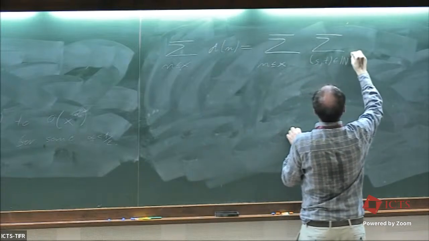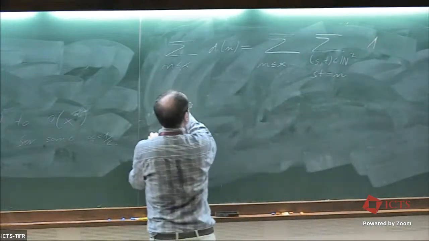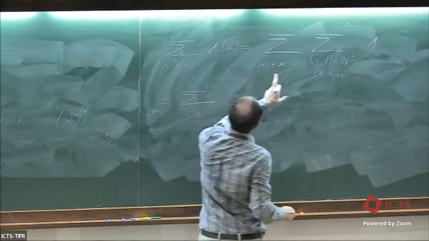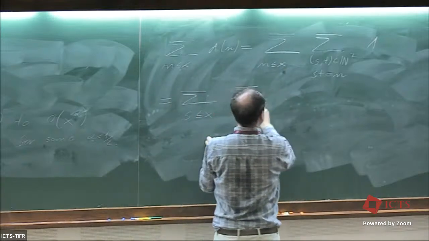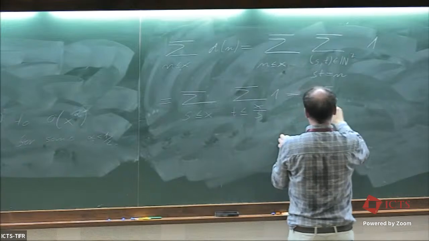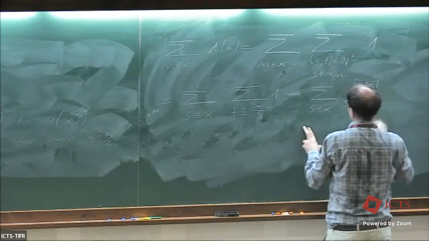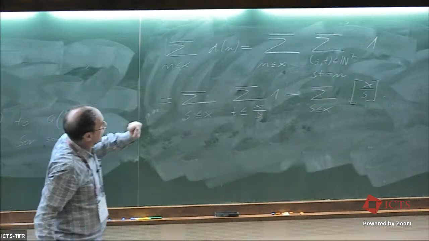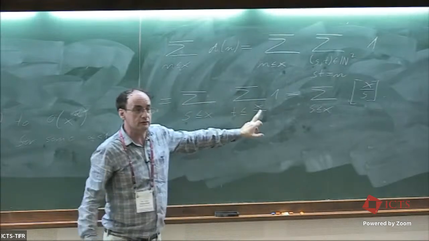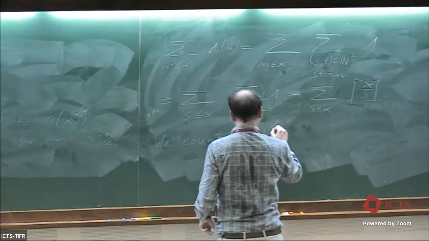So that is nothing else than the sum over s less or equal x of the number of t less or equal x divided by s. So we count lattice points.